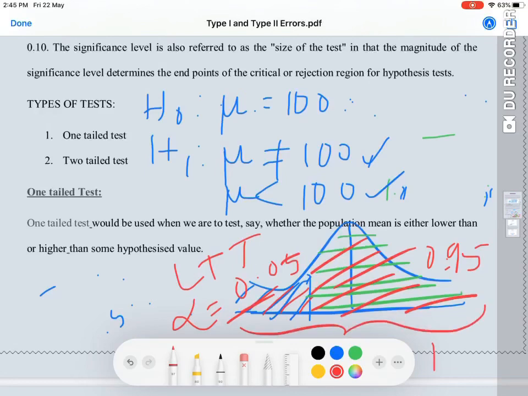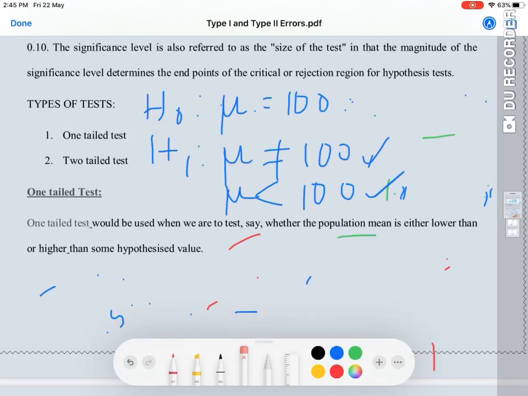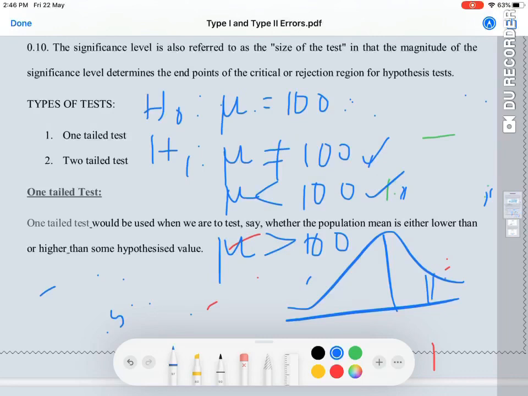You know the total area is equal to 1, right? Now if I want to test another alternate hypothesis, for example, mu is greater than 100, the rejection region is going to be on the right side. This is the rejection region, and this is going to be the acceptance region. If the value falls here, we accept h naught.